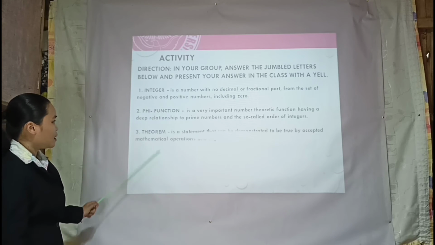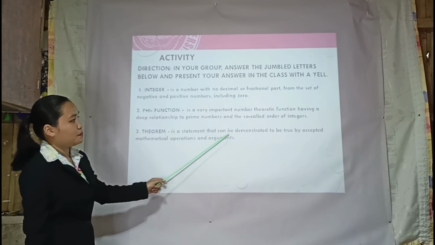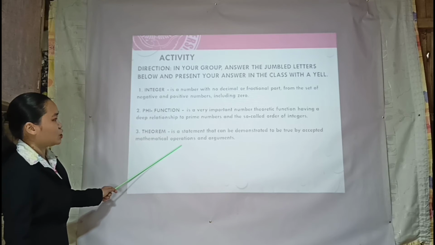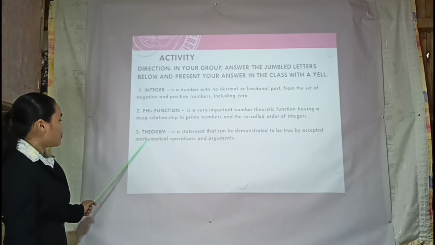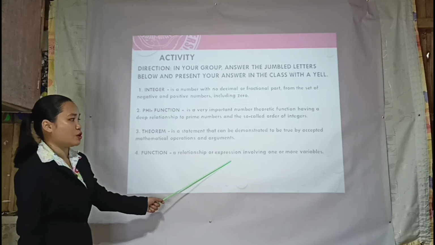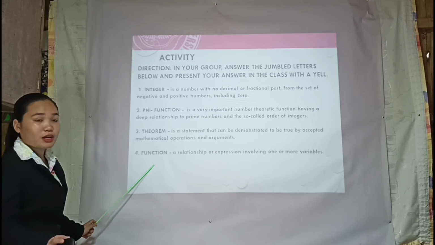For number 3, it is a statement that can be demonstrated to be true or accepted mathematical operations and arguments. So the answer here is theorem. And for number 4, we have a relationship or expression involving one or more variables. We have function.